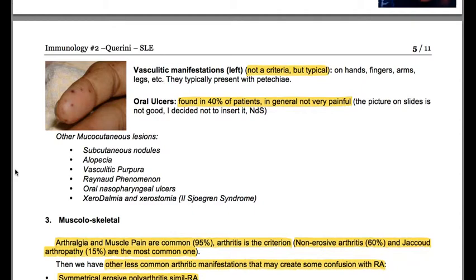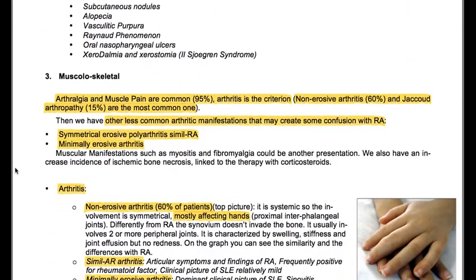On the musculoskeletal side we have arthralgia and muscle pain, common, 95% of cases. Arthritis is the criterion. We have non-erosive arthritis in 60% of cases, and Jaccoud arthropathy in 15% of cases are the most common ones. Then we have other less common arthritic manifestations that may create some confusion with rheumatoid arthritis.